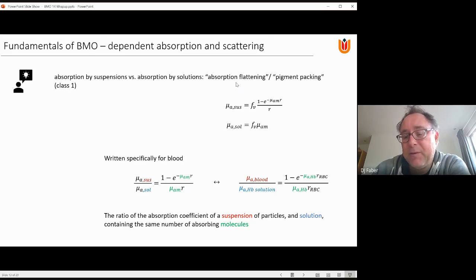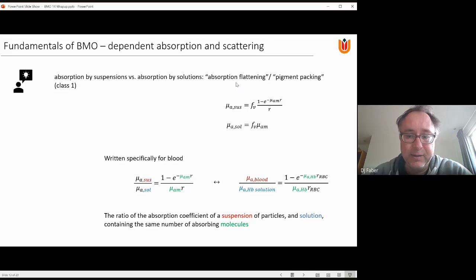In blue is when the same amount of molecules would be present in a solution. So basically what you would get is when you take this volume of blood and you destroy the cell membranes with some method, and then the molecules would spread freely over the cuvette. Then you would measure the absorption coefficient highlighted in blue of the solution.